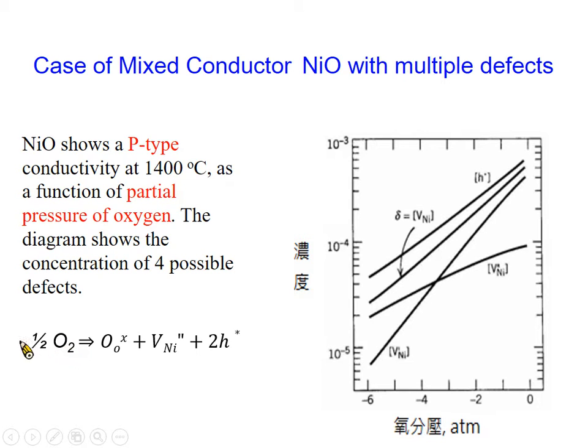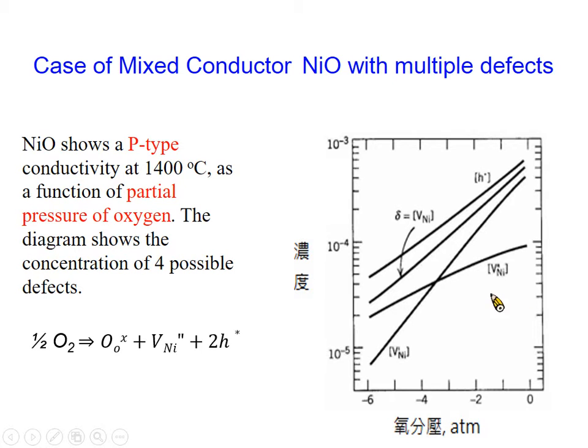The oxygen that comes from the atmosphere will go into the sample to occupy the oxygen site. However, in the meantime, the nickel will form the vacancies, and also release a higher concentration of holes. So you can see the hole here has the highest concentration in this condition.